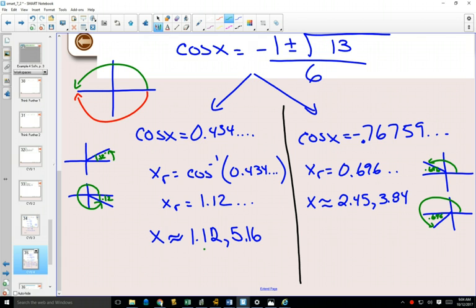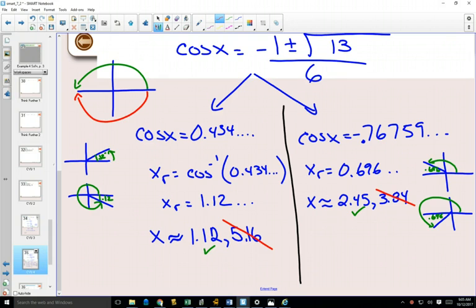Can you see that this 1.12 is good? And this 2.45 in quadrant 2 is good. But this answer in quadrant 4 and this answer in quadrant 3, we're going to need to instead think of the negative answer. So in this case, the fact that we drew the diagrams is actually going to help us see what we need to do.